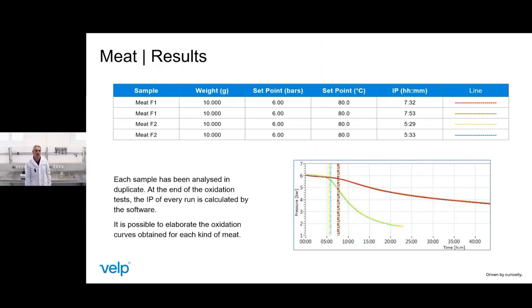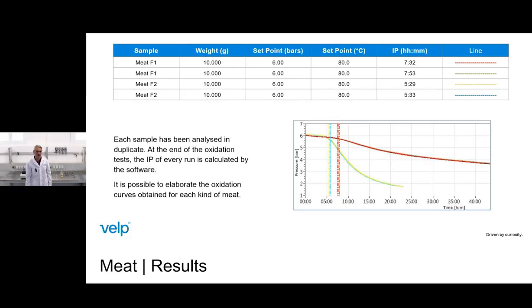For formulation F1, we can see an induction period of 7.5 hours, more or less. And for meat sample F2, we can see an induction period of more or less 5.5 hours. It is possible to elaborate the oxidation curve obtained for each kind of meat.